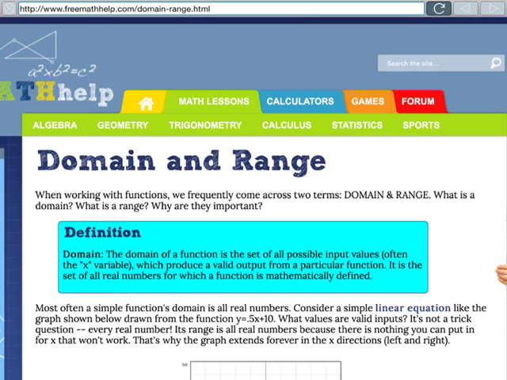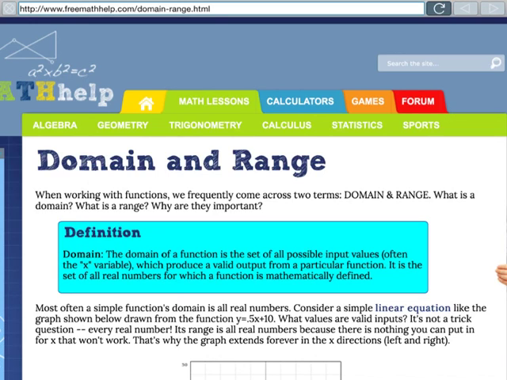You talk about domain usually when you're talking about functions, and you talk about domain and range in statistics and things. This website gives a slightly different definition for domain than your book does on page 261.